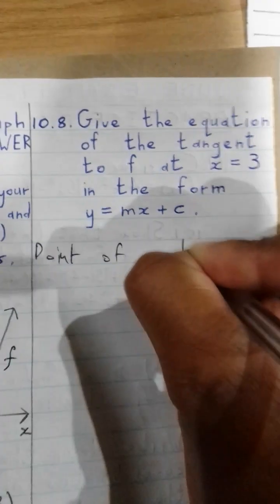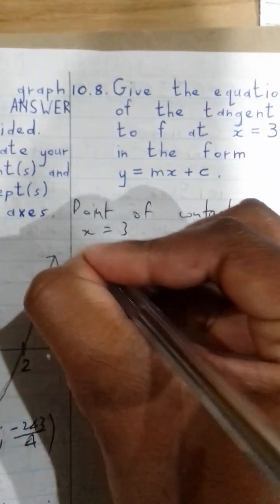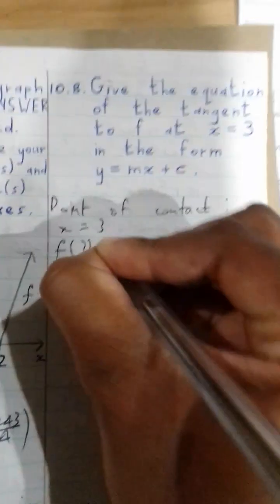10.8 states, give the equation of the tangent to f at x is equal to 3 in the form y is equal to mx plus c. So first we need to find the point of contact. We already have x is 3, right? So we need to calculate f of 3.